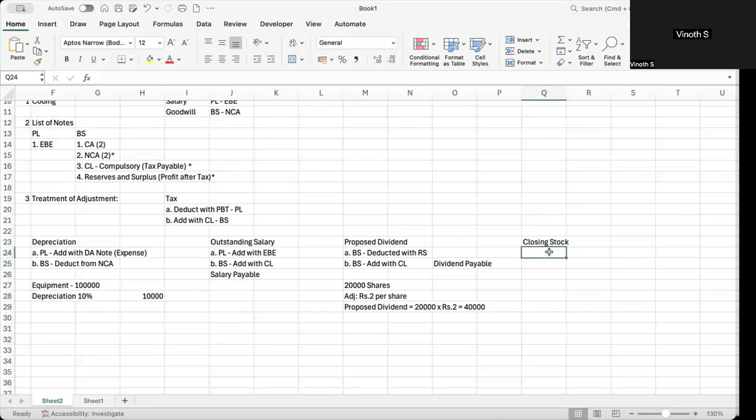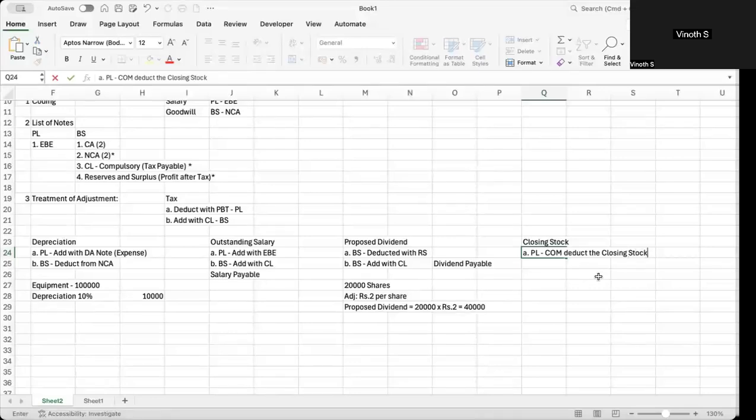If closing stock comes, in the P&L, cost of material is a prime item in the expenditure. From there we will deduct this value, the closing stock value.